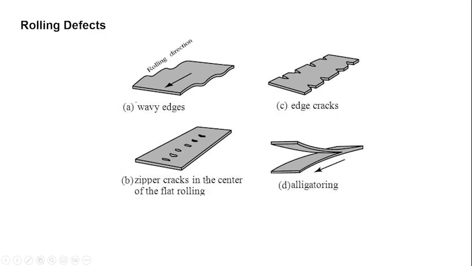Second is zipper cracks in the center, where some zip kind of cracks will form, so that is also a defect in rolling. Then the edge cracks, if there are some cracks on your edges, and then the alligator. So these kind of defects we have seen, how they look.